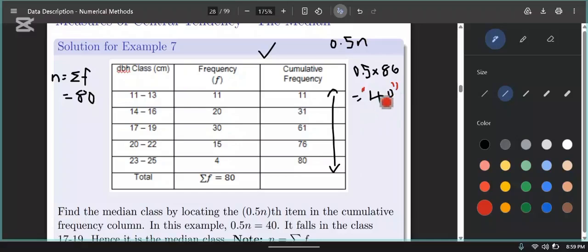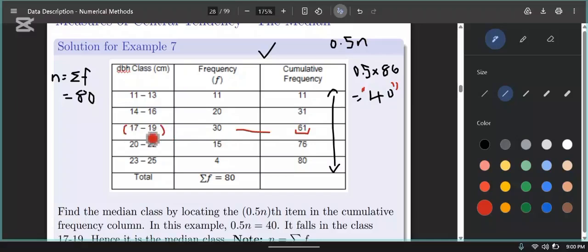So the number which is closer to 40 here will be the 61. So 61 is in this row, meaning this is our median class.